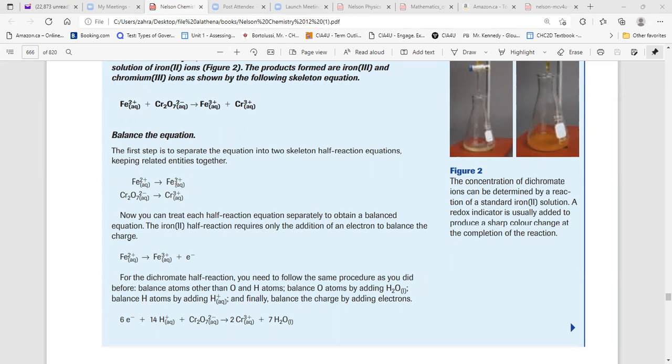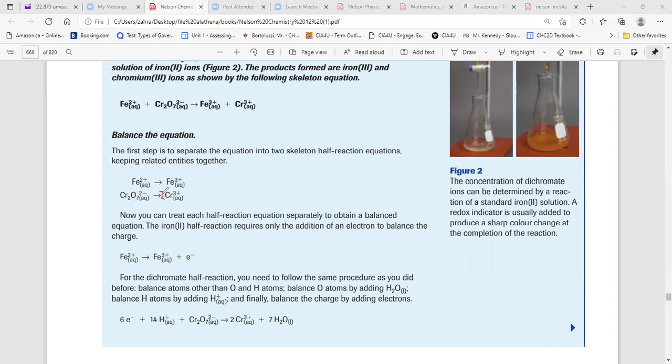From 2 plus to 3 plus, you're losing 1 electron, so you put that there. For the dichromate, you have to balance everything except the oxygen first. Here we have 2 chromium, that's why we put 2 here.